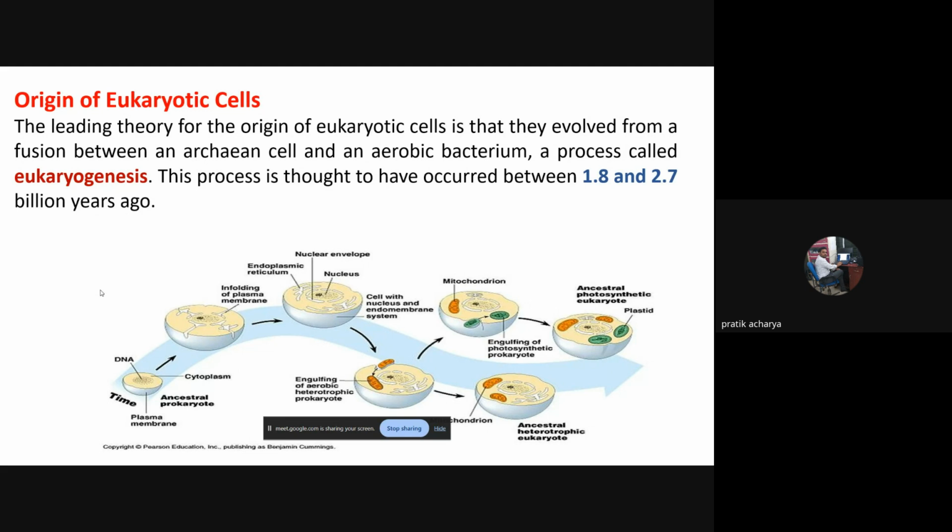But when by chance they engulf bacteria which are capable of aerobic respiration, that means aerobic bacteria, which in the presence of oxygen can produce energy in the form of ATP, then the cell can easily obtain its energy without engulfing others.